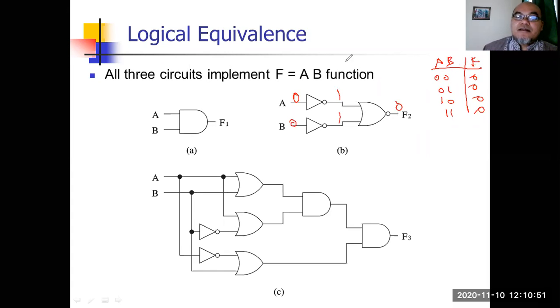What about 0 1? This will be 1, this will be 0, 1 NOR 0 also becomes 0. This is the second one. Then the third one, let's say 1 0.